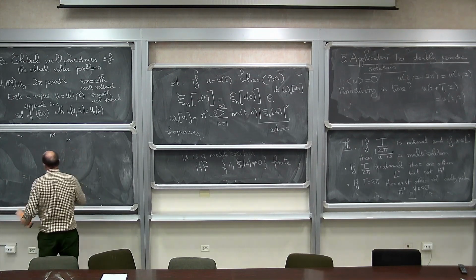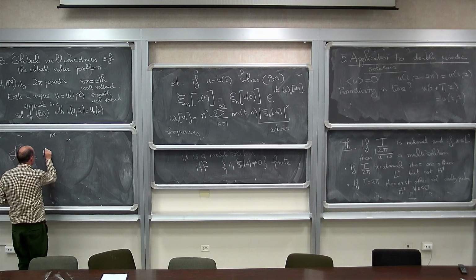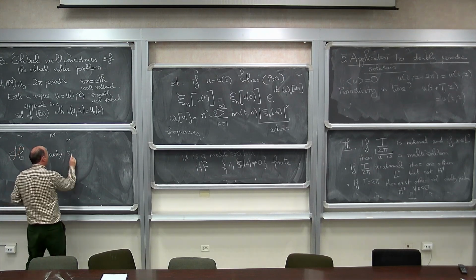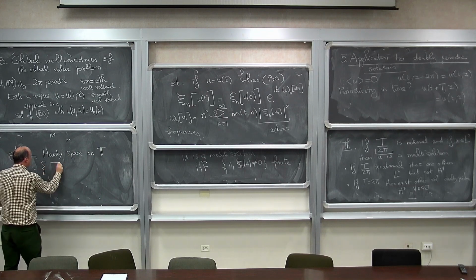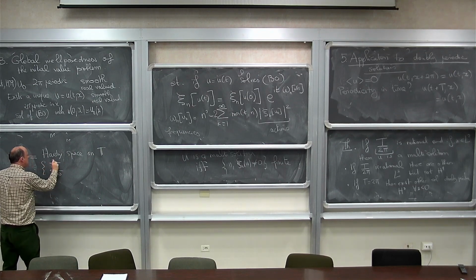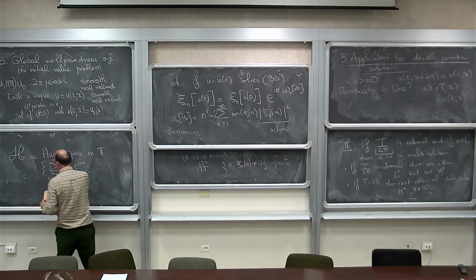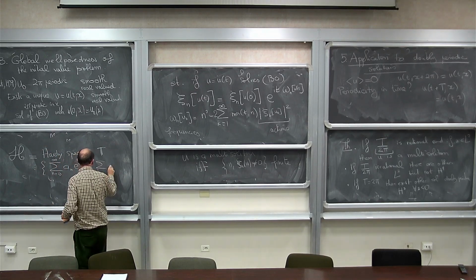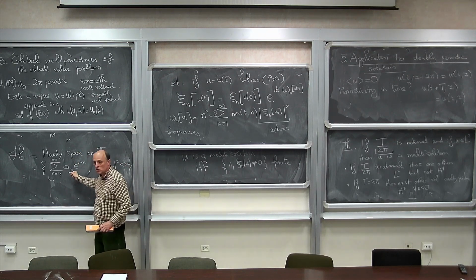So first of all, the auxiliary space is not L2, it's the Hardy space on the torus, which means that you look at Fourier series which are L2, but with only non-negative Fourier modes. So this is the usual Parseval condition, but you just look at only non-negative Fourier modes.